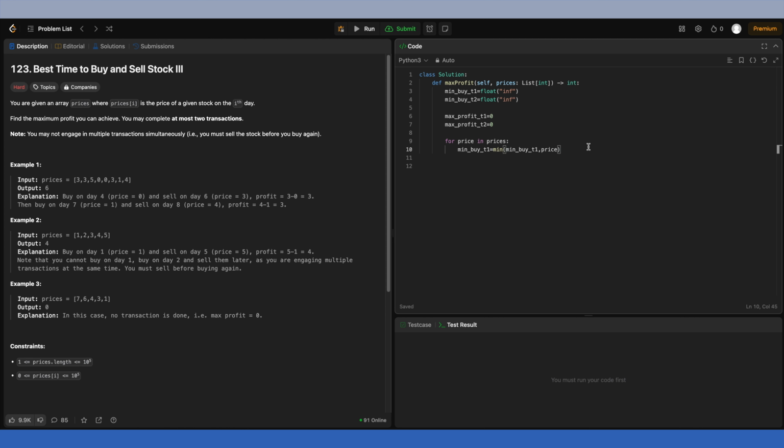Okay, now if we sell it with the current day price, then what profit will we get? Max profit T1 would be max of max profit T1 comma price minus the minimum buy T1. Okay, so up to this is exactly problem 1.